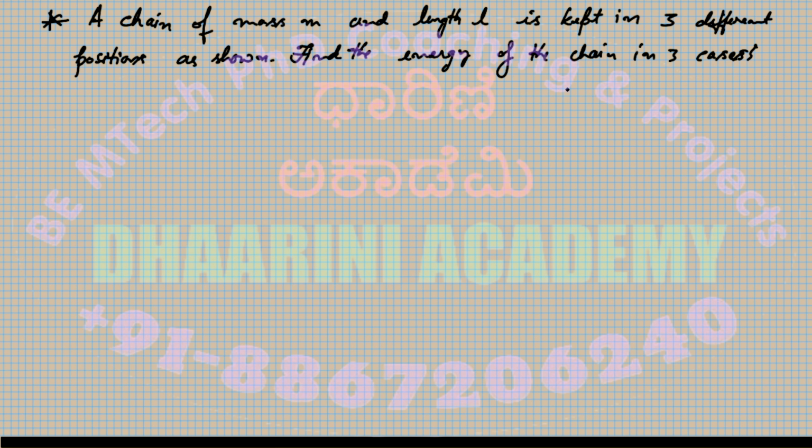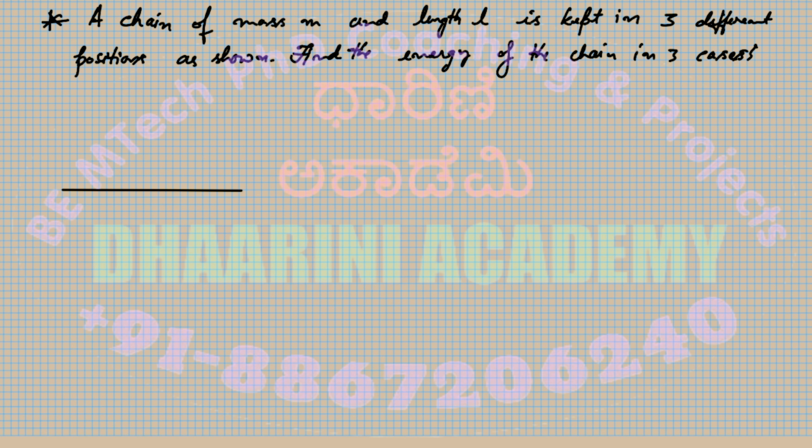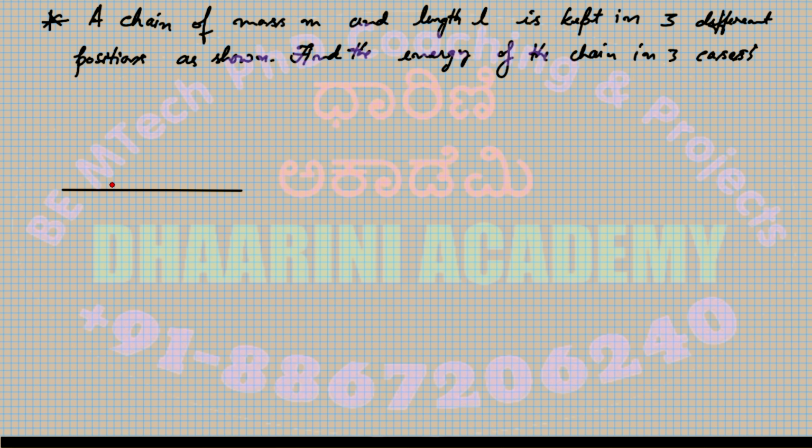Okay, so this is the question. It has three parts. So first one is this. This is a ground and you have the chain being placed on ground.